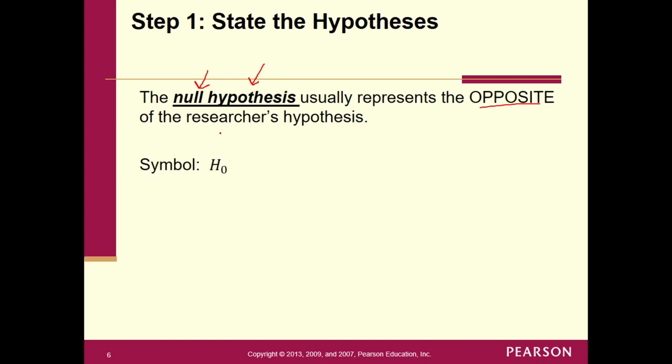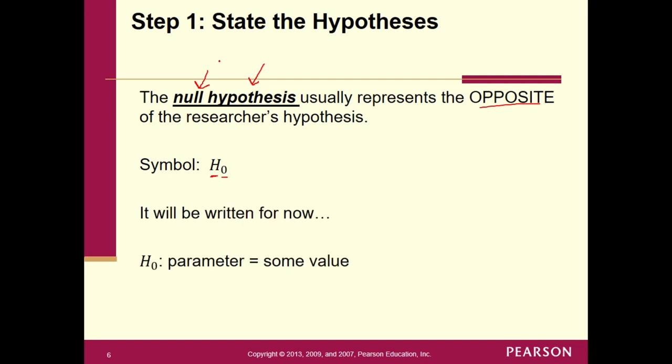Now knowing about the null, the symbol that we use makes some sense. We use H for hypothesis, and a subscript 0. So null meaning 0 or empty, no effect, we put H sub 0. For now it will be written in this form: some parameter equal to some value.